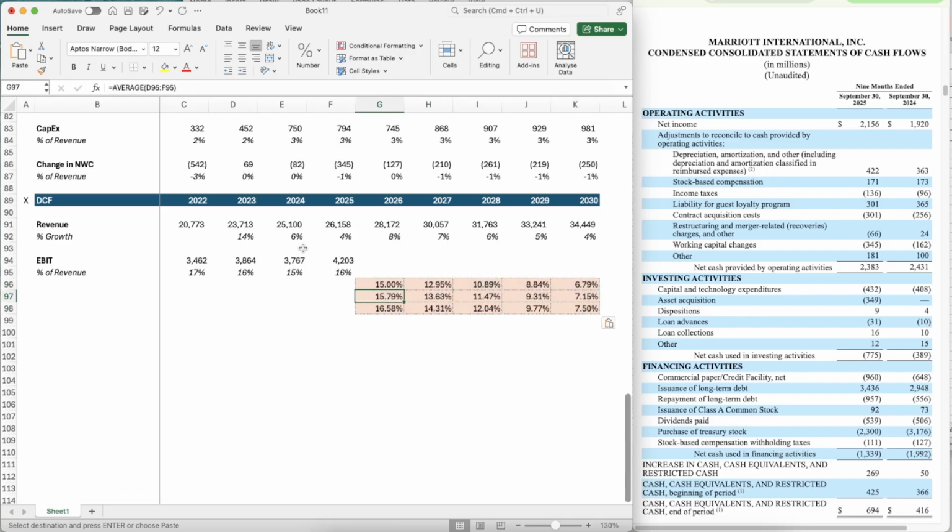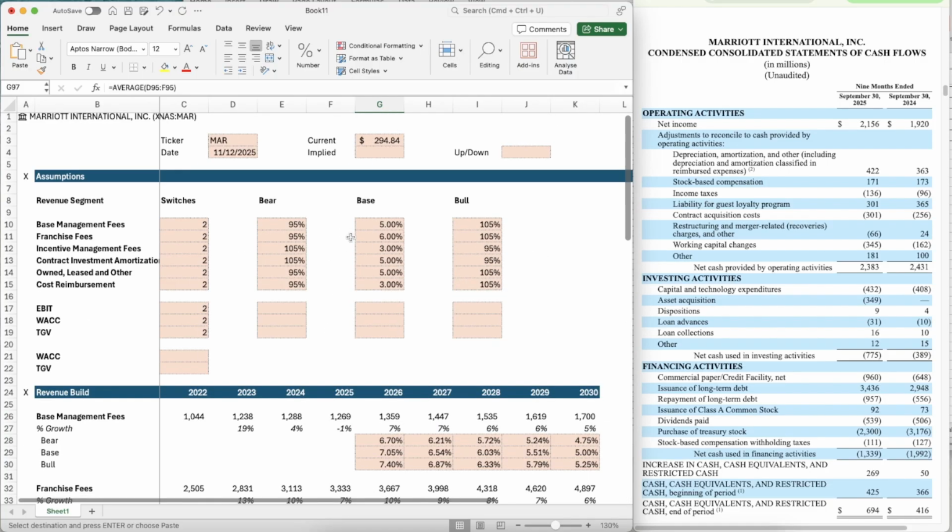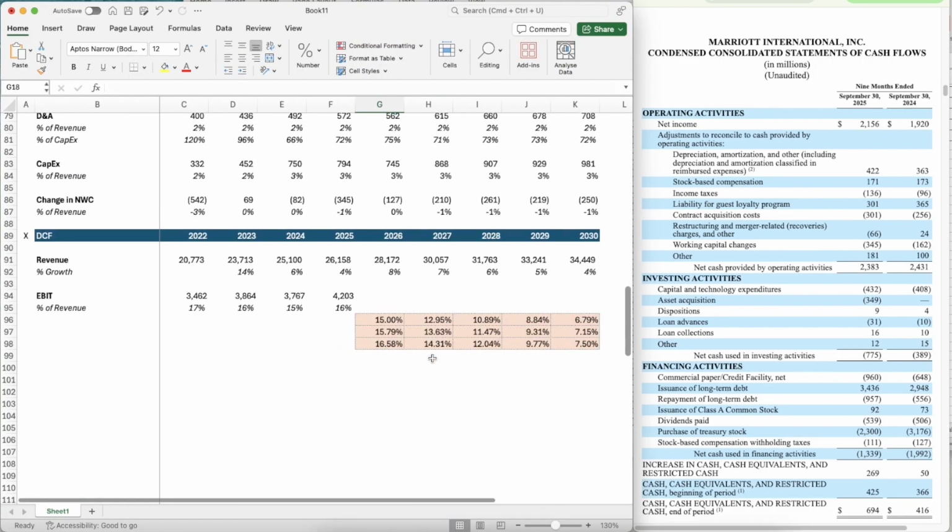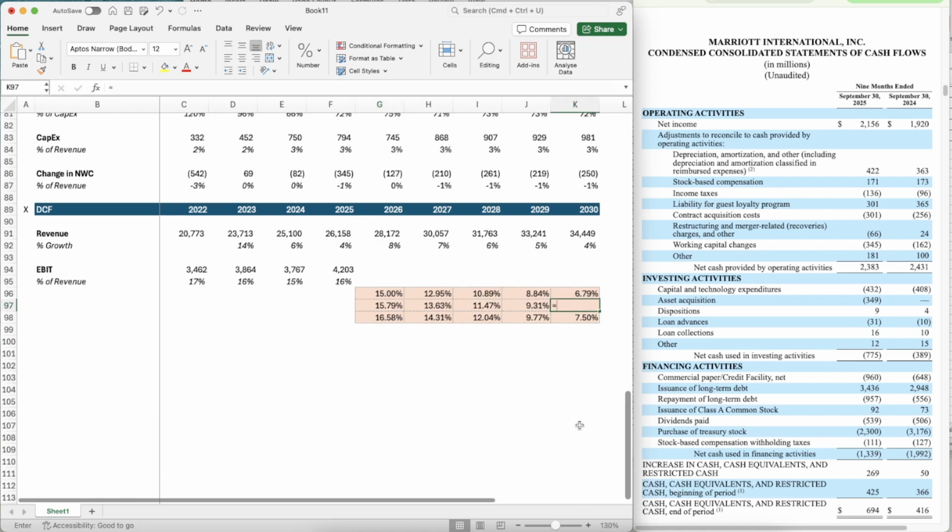So we'll keep this, let's say 16% EBIT margin. It looks like it can maintain it. Be a bit more generous. 70.